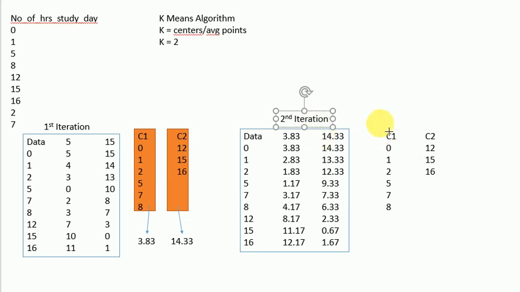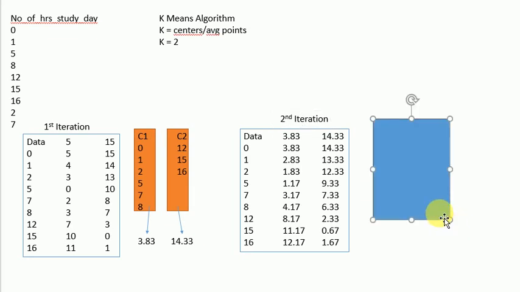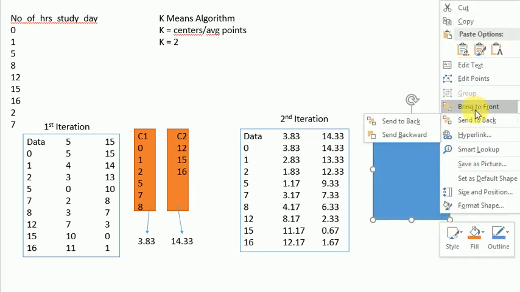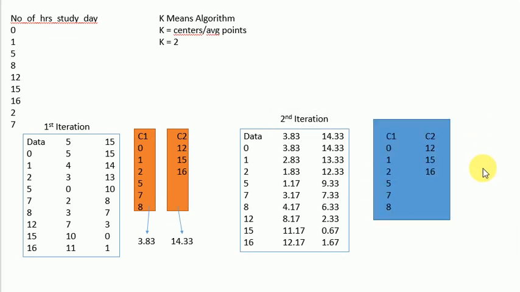So this is the output for the second iteration, C1 and C2, and we checked that C1 and C2 in the second iteration and the first iteration have the same values. Therefore we conclude that we have formed the right clusters. So C1 and C2 are the right and correct clusters because they are repeating in the second iteration also.